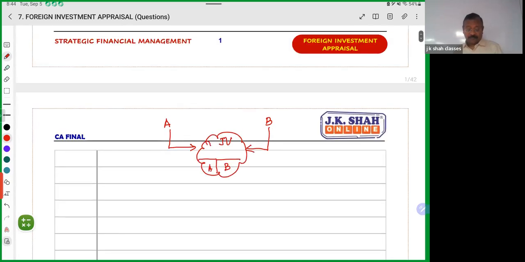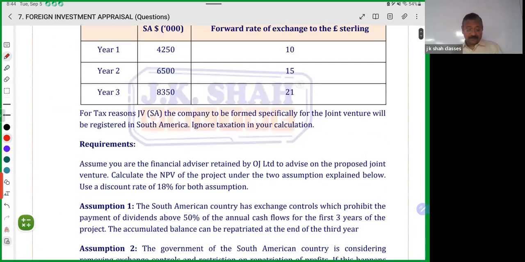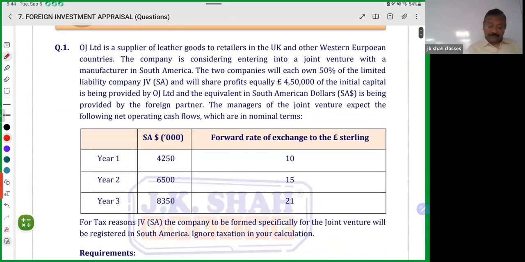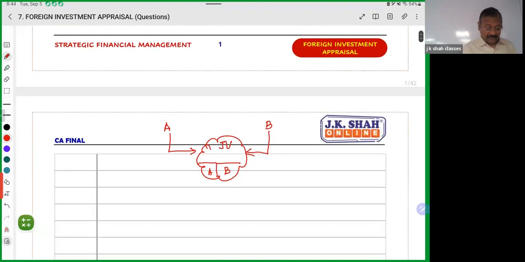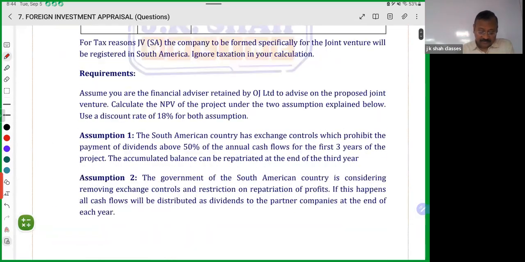Okay. Now, here they are saying the company is considering entering into a joint venture with the manufacturer in South America. So let us assign names. OJ Limited, ये UK वाला बंदा है, and there is a South American manufacturer, right? इसके साथ joint venture है.